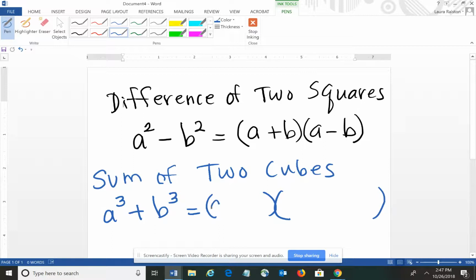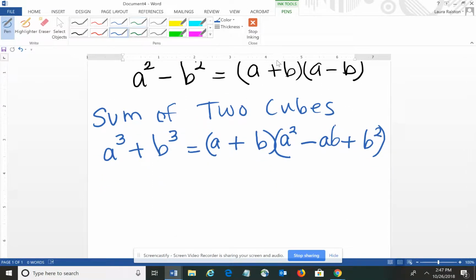You have A and B. What did you cube to get A cubed? What did you cube to get B cubed? Plus sign between them. Then to get the second piece, you square the first term, so A squared. To get the last term, you square the last one, B squared, and then you multiply them together to get the one in the middle, and it's a minus and a plus. And again, guys, that's a pattern. It's a formula that you're going to have to learn.